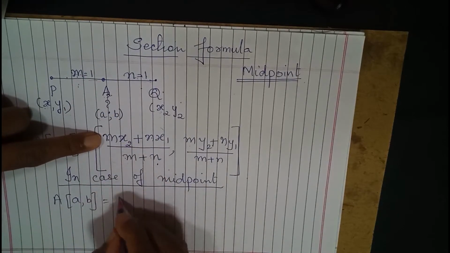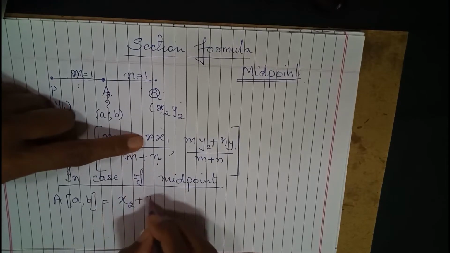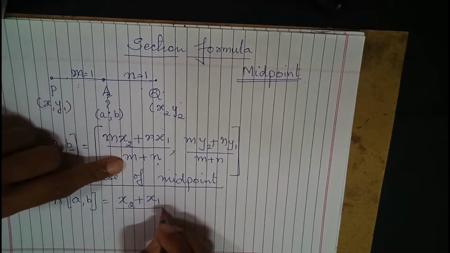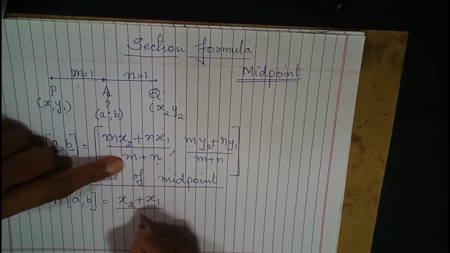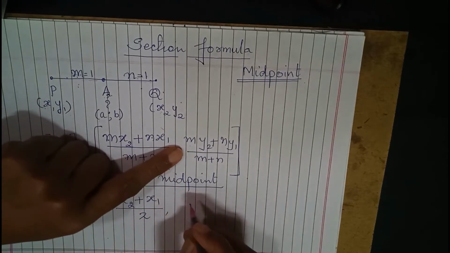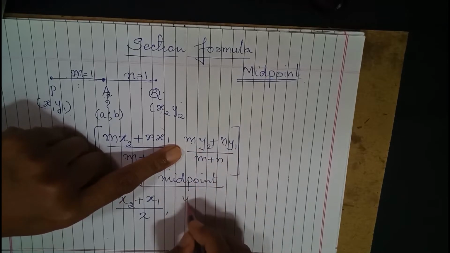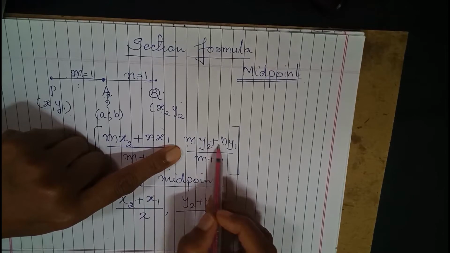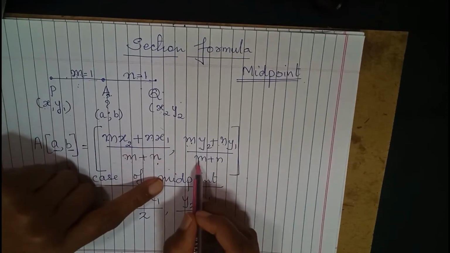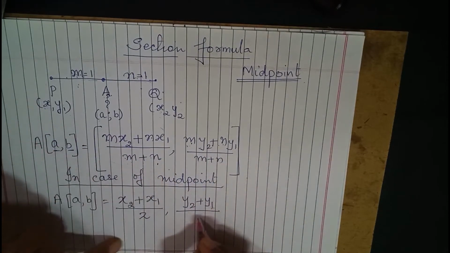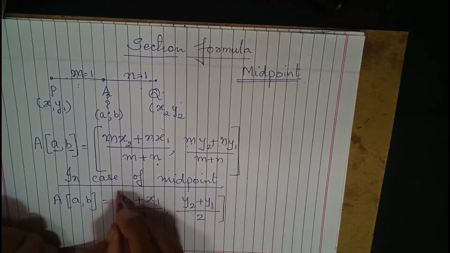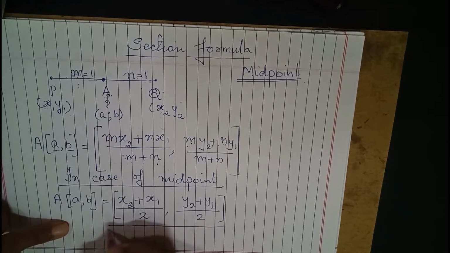So 1 into x2 is x2, 1 into x1 is x1, and m plus n, which is nothing but 1 plus 1, is 2. Similarly here, m is 1 and n is 1, and what we get is y2 plus y1, because 1 into y2 will be y2, 1 into y1 will be y1, and m plus n is again 1 plus 1, 2. So here what we get is called the midpoint formula.